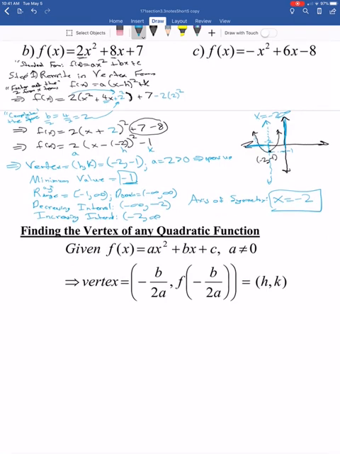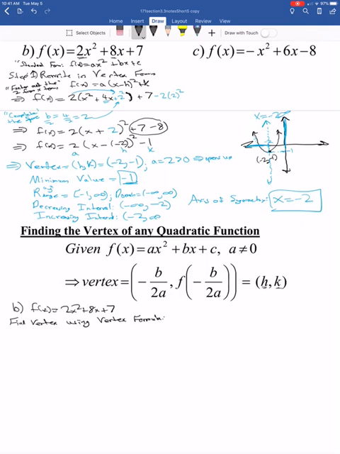So let's take that same example. Let's do example B here again. So in B again, I've got f of x equal to 2x squared plus 8x plus 7. All right, let's find the vertex using the vertex formula. So the vertex formula, if you look at it, is derived from our quadratic formula.